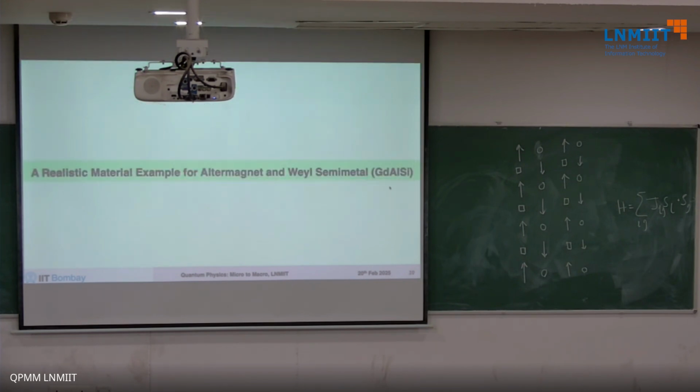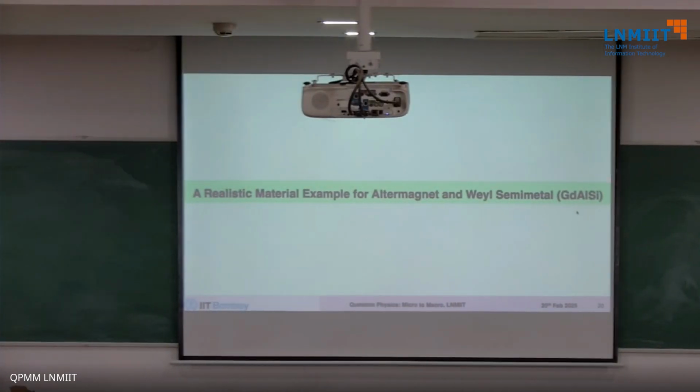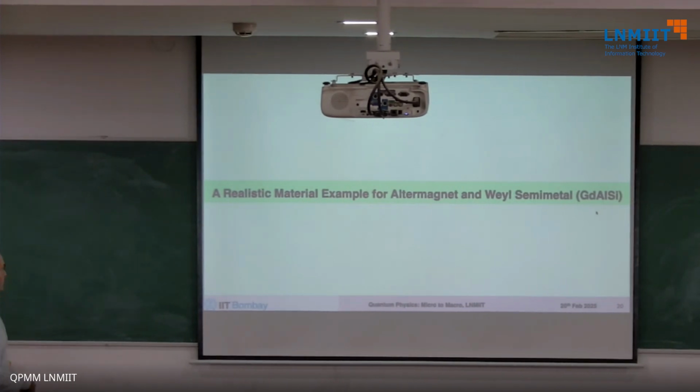Okay, so this is just the motivation or the introduction to this kind of a magnetic ordered phase. What we have found, and this is the actual backbone behind the work done by many people, as I showed in the first slide, is that this kind of a feature is actually realizable in a real material system, gadolinium aluminum silicide.